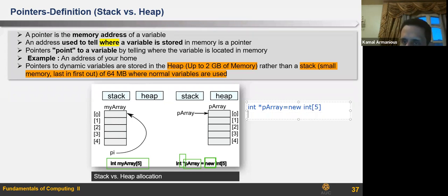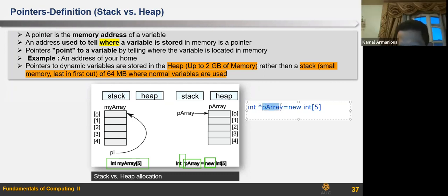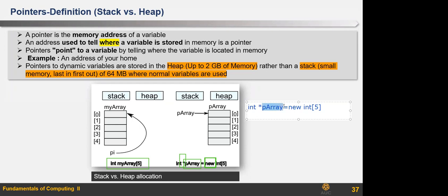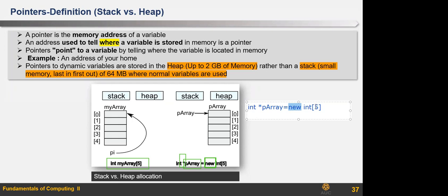Let's take it, Reem, step by step. Int, we said that this star means what, Reem? A pointer. And what is the name of the pointer? pArray. Good. And new means reserve how many integers, Reem? 5. Good.